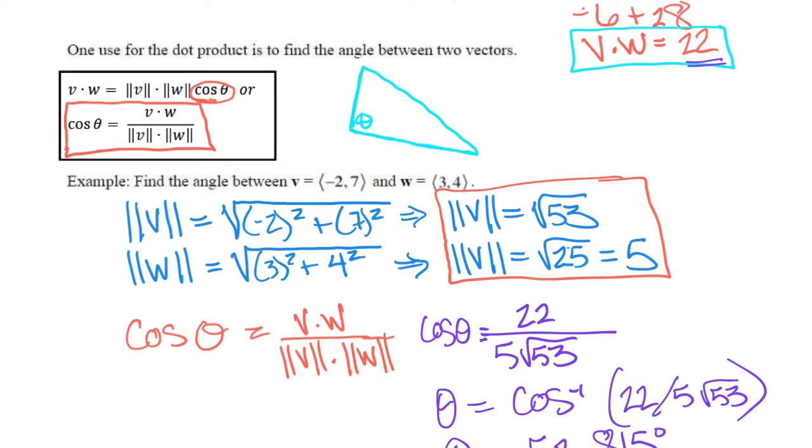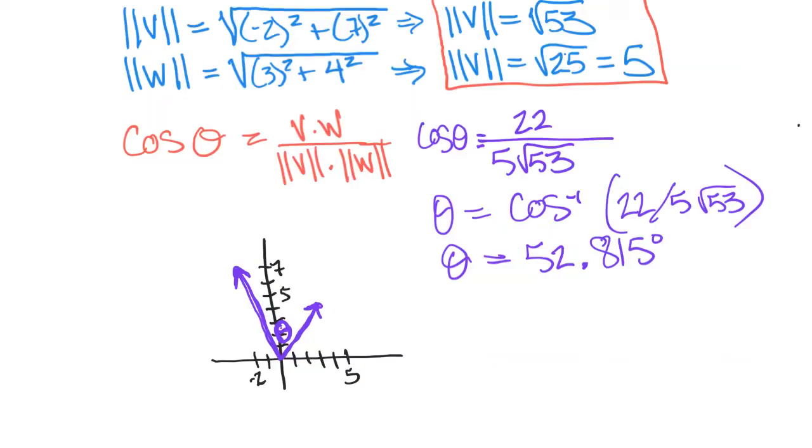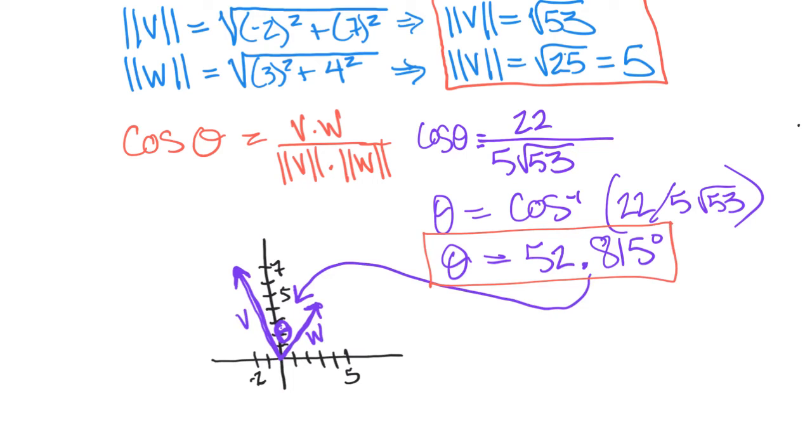So let's just get a visual of what's going on here. So I graphed my two vectors. This is vector V, this is vector W, and our 52.815 degrees is that angle between those two vectors. So that's what we are able to do with the dot product. It's useful. All right, let's try another example.